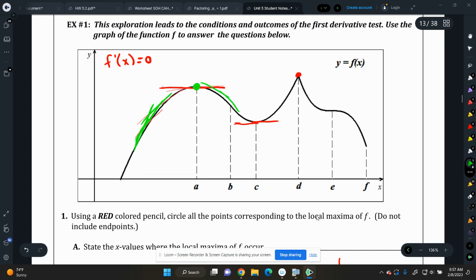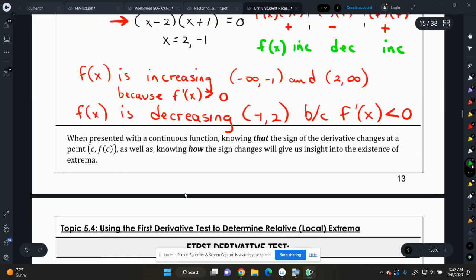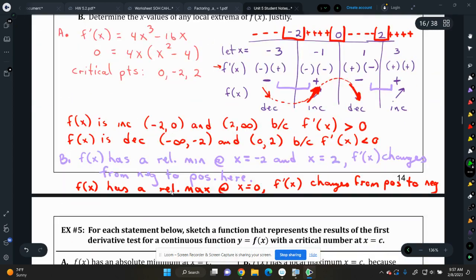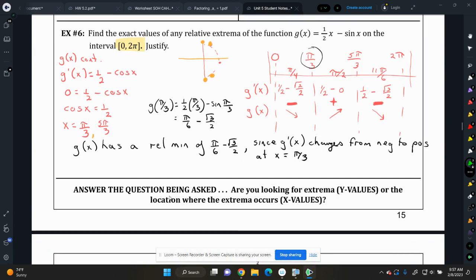So this is my point where the slope is going to be 0. So that's my relative maximum there. To find the actual relative maximum, I need to know the y value at this x point. Does that make sense? So that's a good question. We use the derivative to determine where it's occurring, but to find the actual relative extrema, I have to plug it back into the original function. Okay?